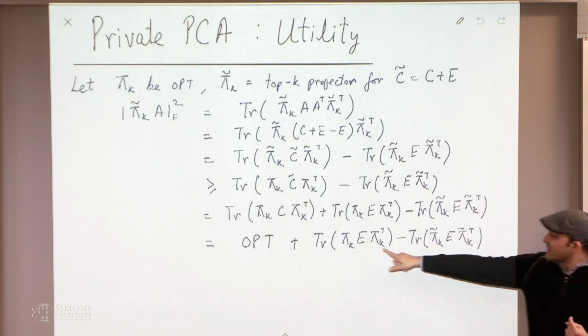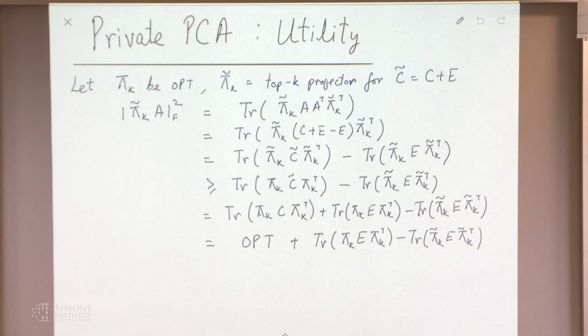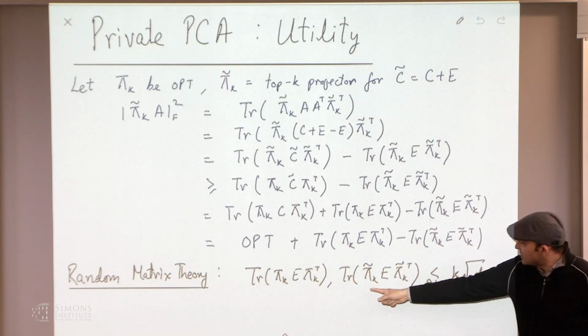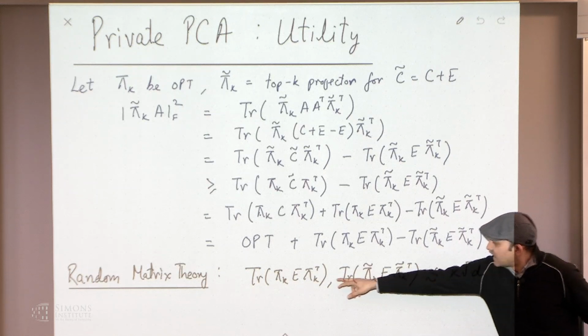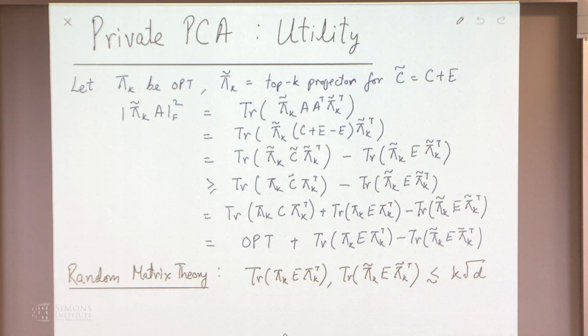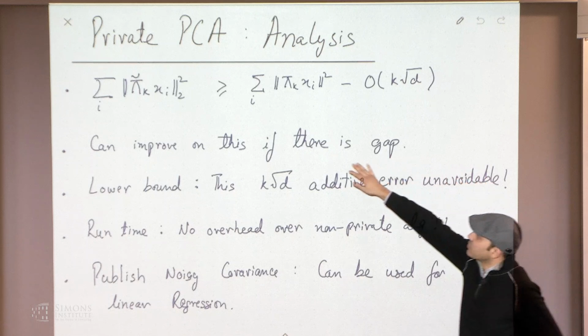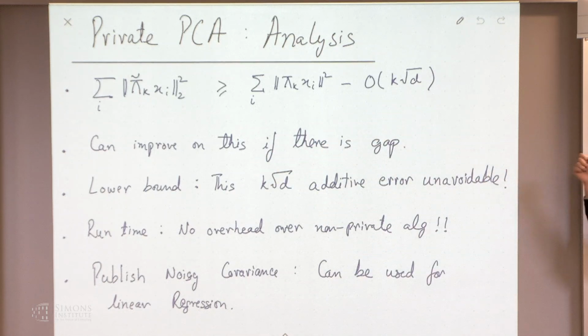I'm capturing some k of them because I'm projecting down to k dimensions. So it follows that this trace of pi k E pi k transpose, and similarly the other direction, is bounded by k times square root of d. So that gives me my utility result that the amount of energy I capture is at least the optimal minus a small additive term, k times square root d.